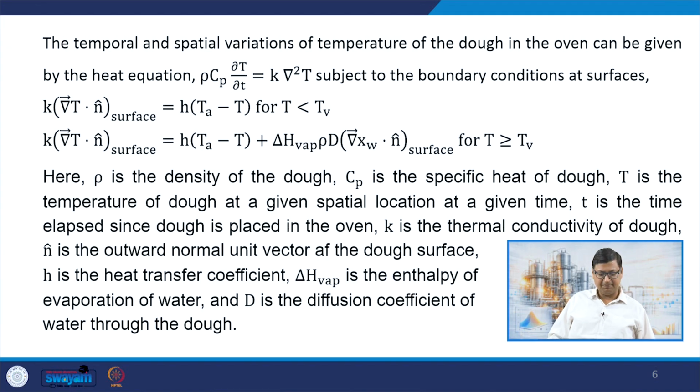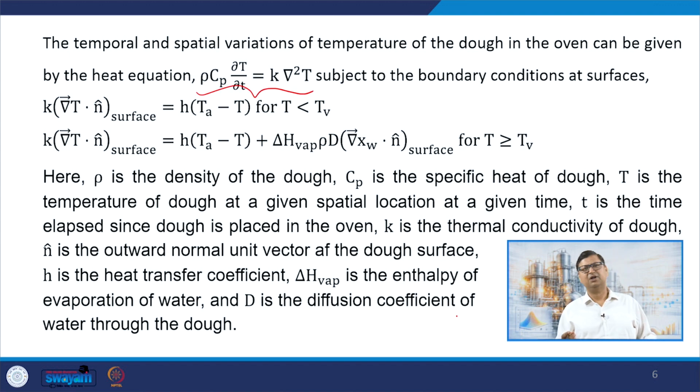So, if we make these assumptions, then the temporal and spatial variations, because the temperature inside the duff is going to depend on time and also on the location inside the biscuit that is being formed, can be given by the heat equation.